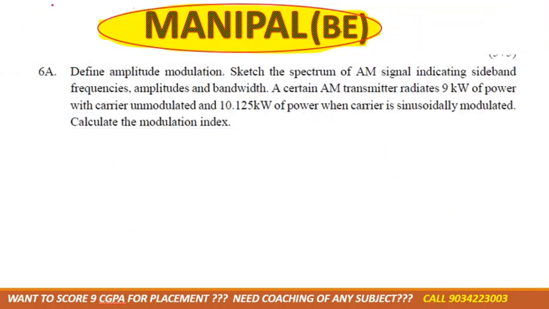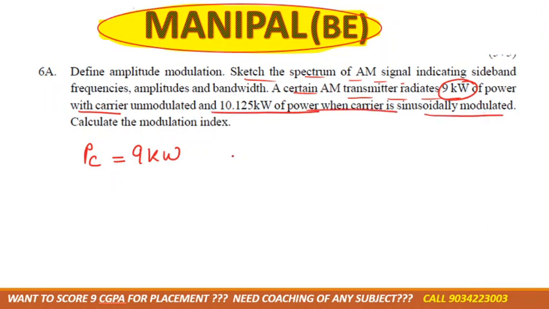So the next question based on AM is define amplitude modulation. You can do that yourself. Now this one says sketch the spectrum of the AM signal. Now this one says a certain AM transmitter radiates 9 kilowatt with the carrier, so they are talking about the carrier power. Carrier power is 9 kilowatt, and 10.125 kilowatt when it is modulated, meaning this is the total power.